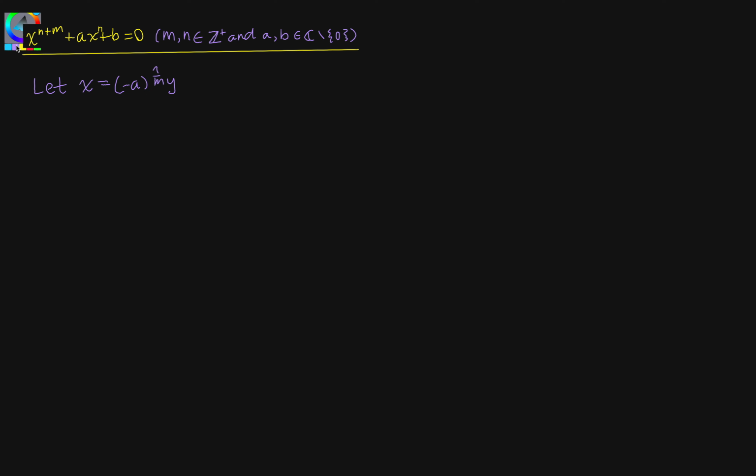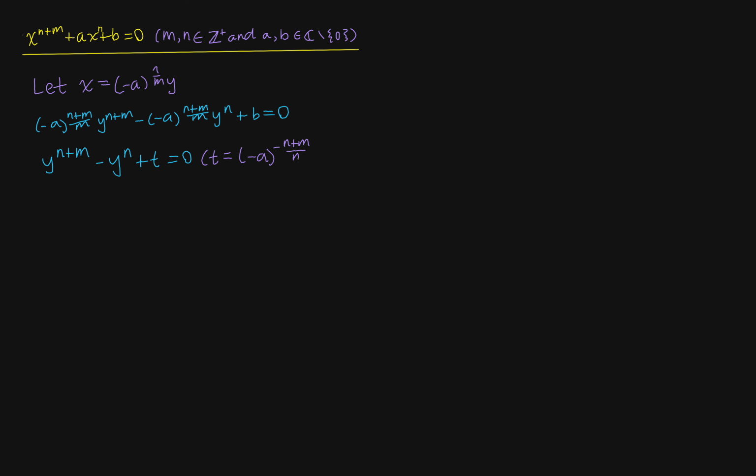So what this is going to turn our equation into is going to turn it into this, and then we can basically divide out and these things will cancel out, so that we're going to get this more canonical form of y to the n plus m minus y to the n plus t is equal to 0, where we have that t is simply equal to minus a to the minus n plus m over m times b.